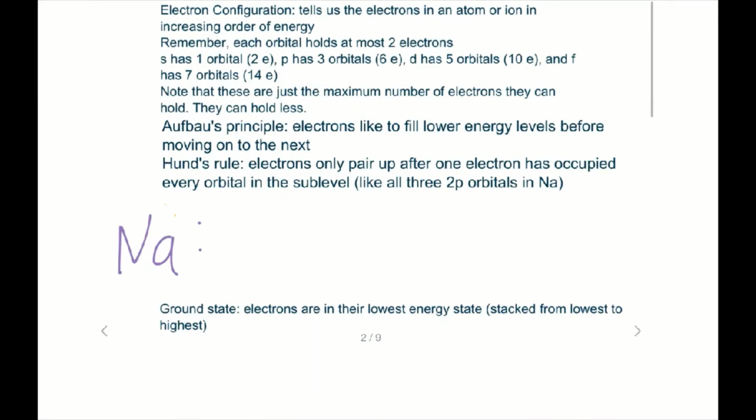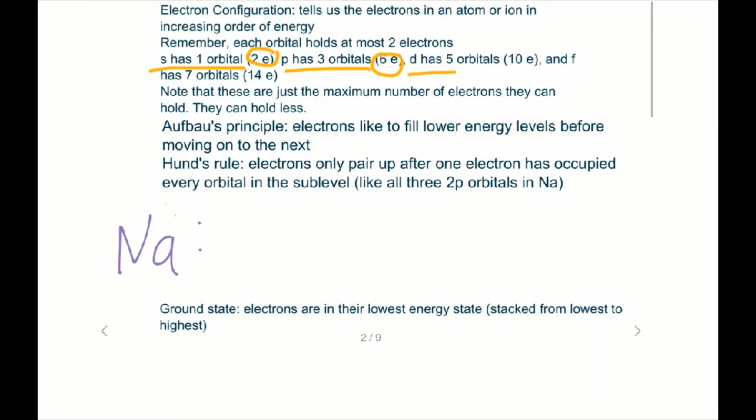So electron configuration tells us the electrons in an atom or ion in an increasing order of energy, typically. If you remember, each orbital holds at most 2 electrons. For example, the s sublevel has 1 orbital, so it can hold at most 2 electrons. The p sublevel has 3 types of orbitals, which altogether can hold at most 6 electrons.